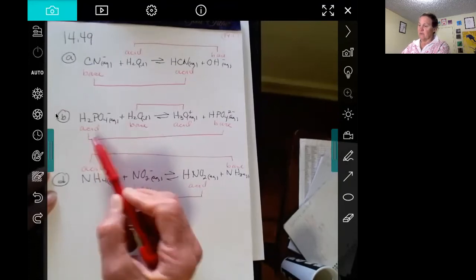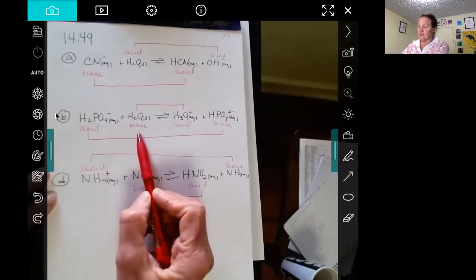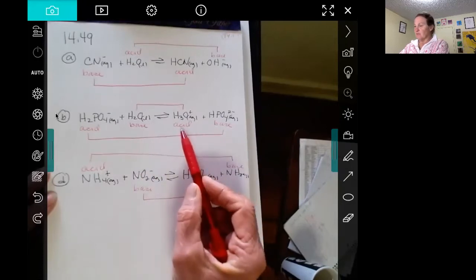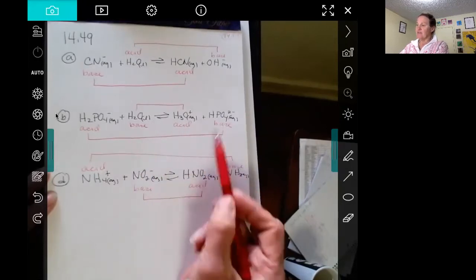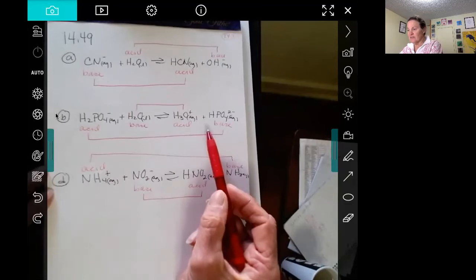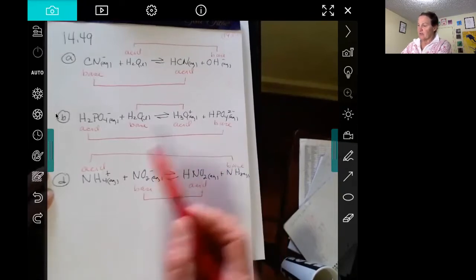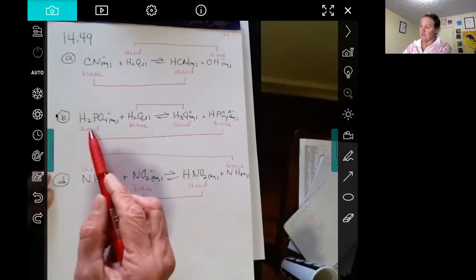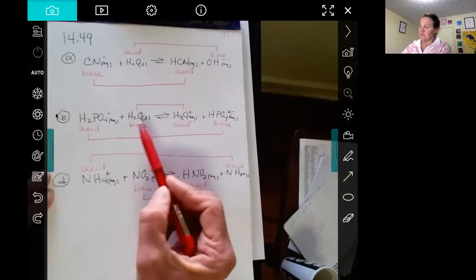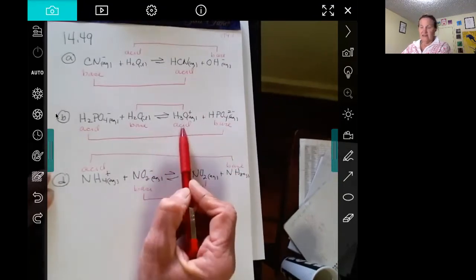It's giving up a proton to water. Water is acting as a base. Water is becoming hydronium, and the H2PO4 minus is losing one proton to become HPO4 2 minus. So in the conjugate pairs, this is the acid, this is the base, water's the base, and hydronium is the acid in that pair.